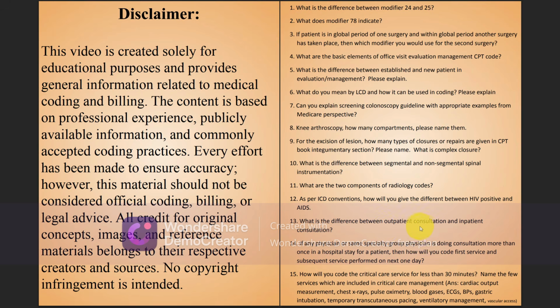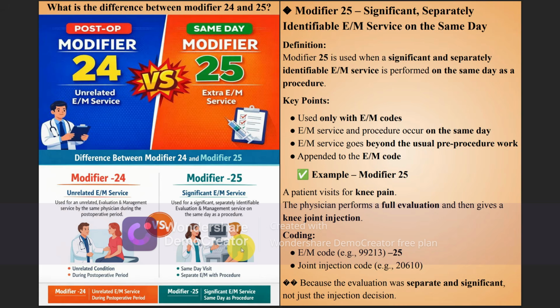What is the difference between outpatient consultation and inpatient consultation? If a physician or same specialty group physician does consultation more than once in a hospital stay for the patient, how will you code the first service and subsequent services performed on the next day? How will you code critical care services for less than 30 minutes? Name a few services which are included in critical care management. Let's discuss in the next slide.